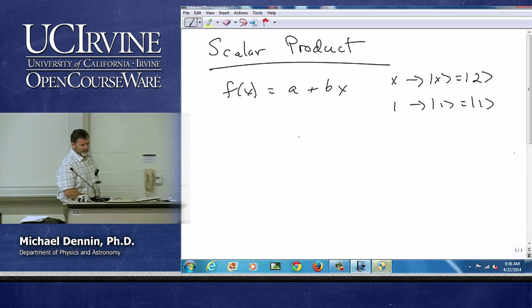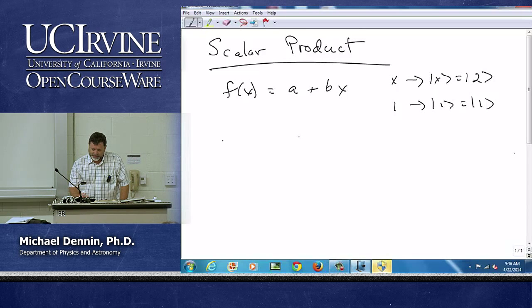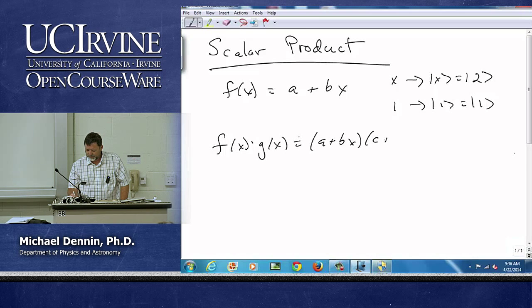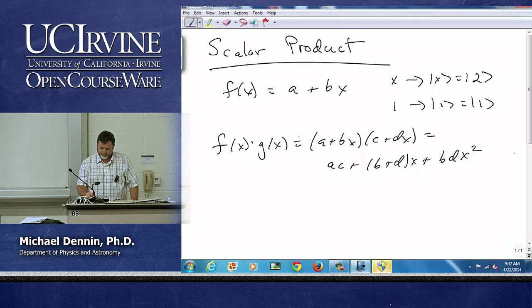Now, having done that, we have to ask ourselves, what do we want for a scalar product? And we already said multiplication doesn't work because multiplication doesn't give us a scalar. In fact, it gives us a quadratic function. So this does not work for the scalar product.